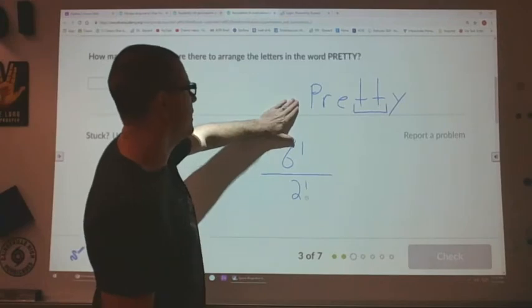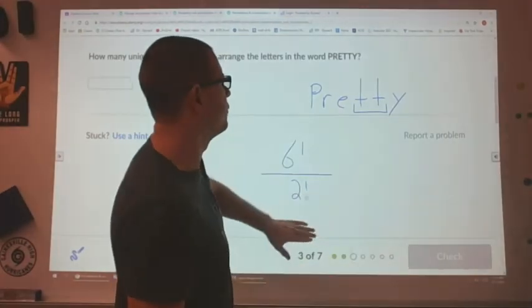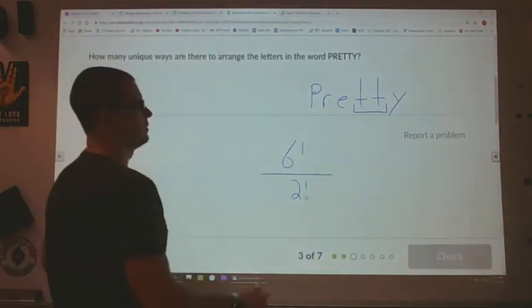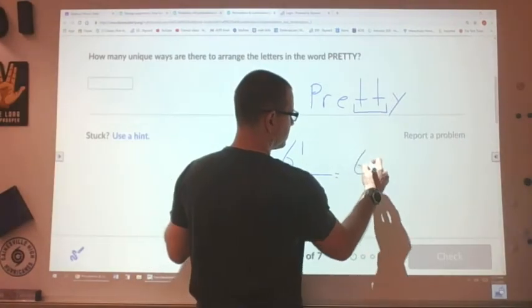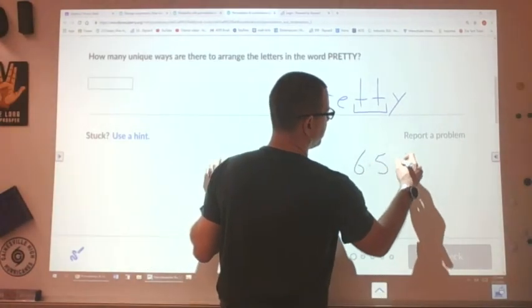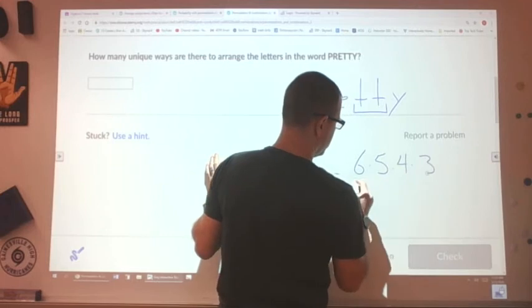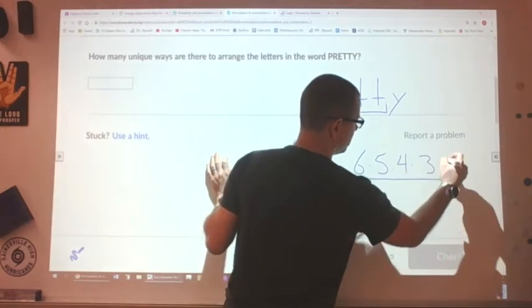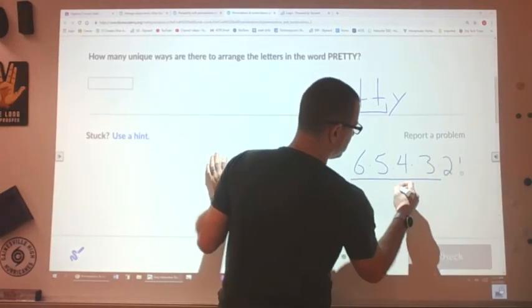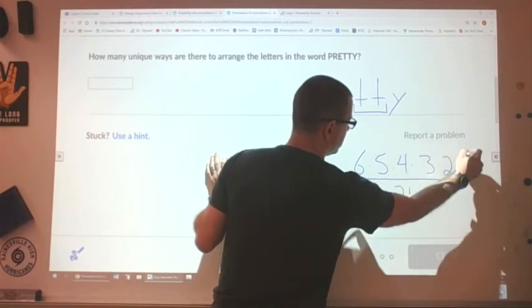We could be using the combination formula too, but I don't think we want to divide out the 4. I think it's just this. So that's going to be 6 times 5 times 4 times 3 times 2 factorial over 2 factorial.